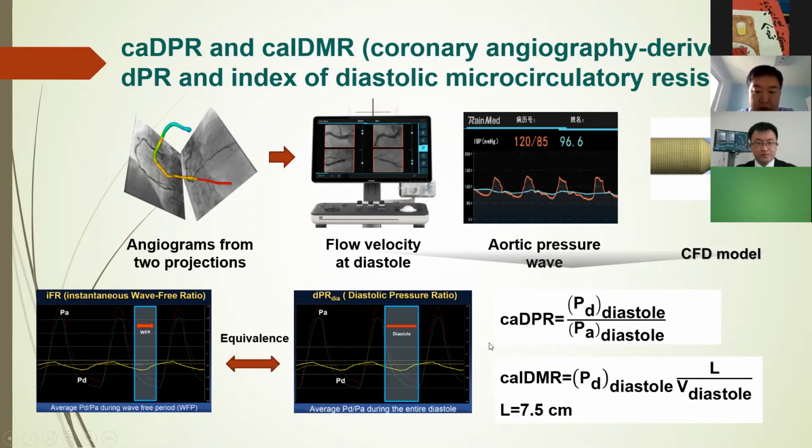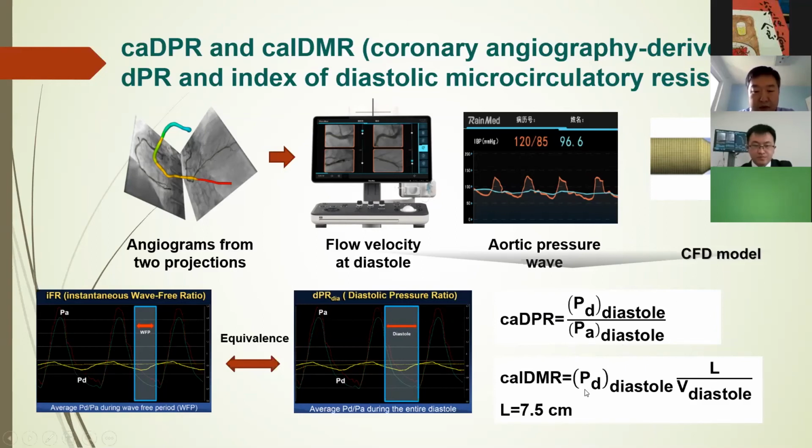From the theory, the CADPR can be exactly consistent with the DPR and iFR. The CADPR equals PD over PA. PD is the diastolic pressure waveform distal to the stenosis. PA is the diastolic aortic pressure waveform.